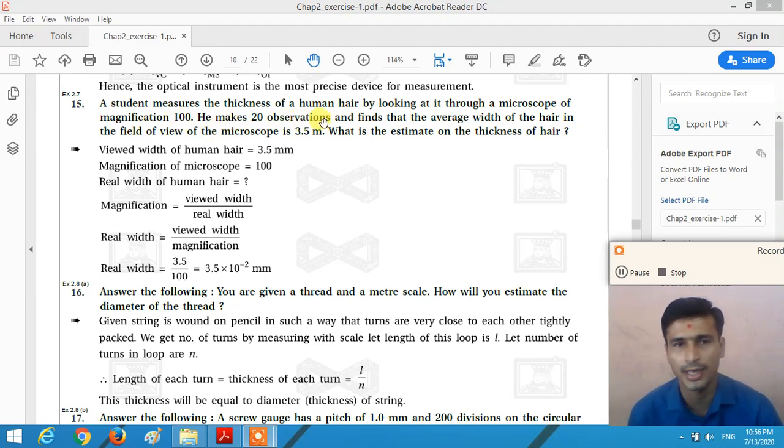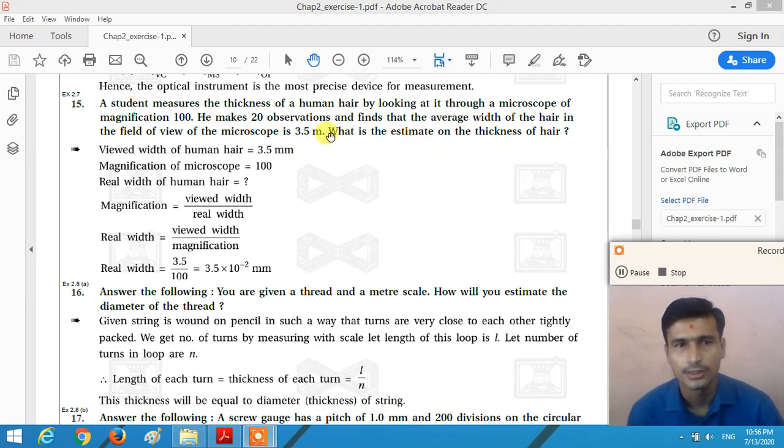He makes 20 observations and finds that the average width of the hair in the field of view of the microscope is 3.5 mm. What is the estimate of the thickness of the hair? What will be the width of the human hair?